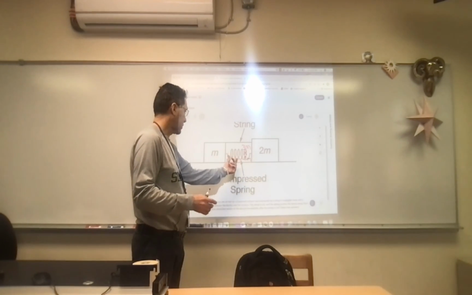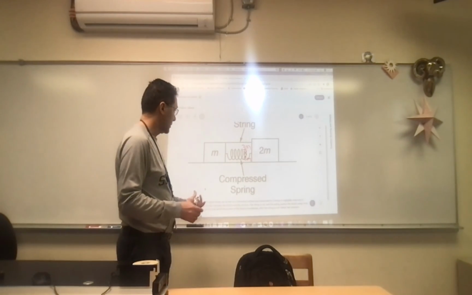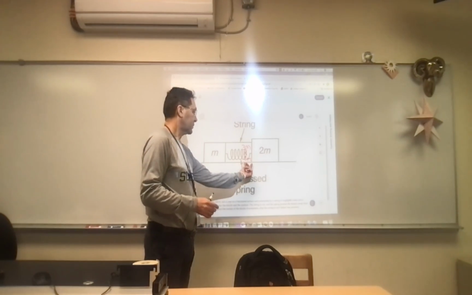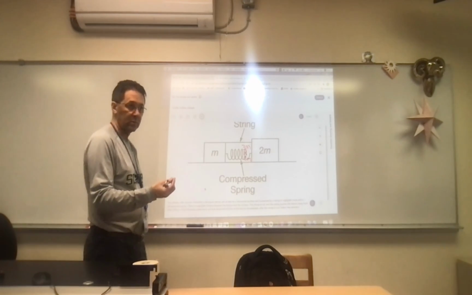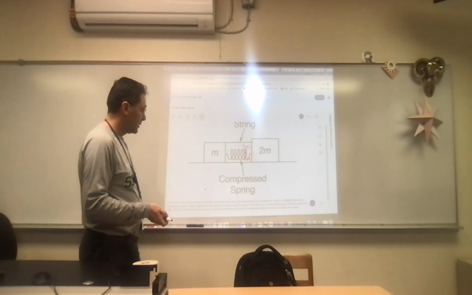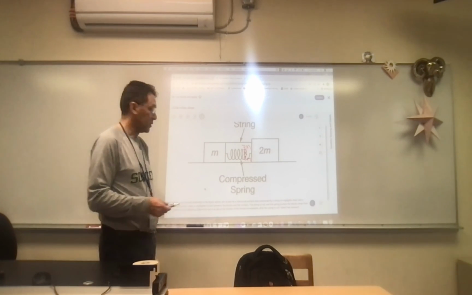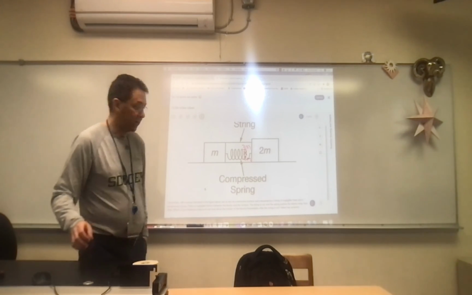The only interaction is an internal interaction between the spring and the two masses. So there is no reason for the center of mass to change its motion or to accelerate, okay? And based on that, I think you should be able to answer the questions that I showed you a couple seconds ago. All right, thank you.